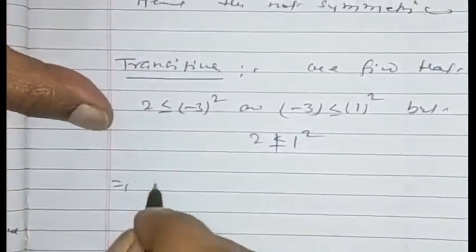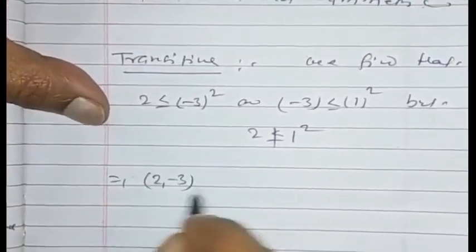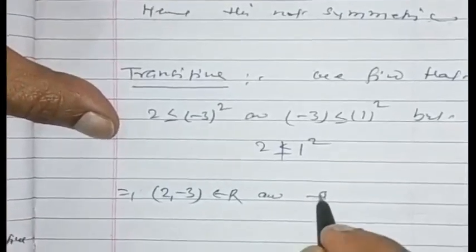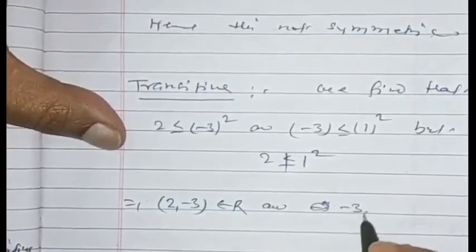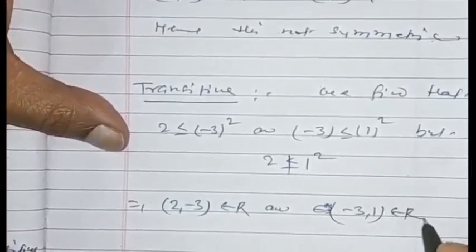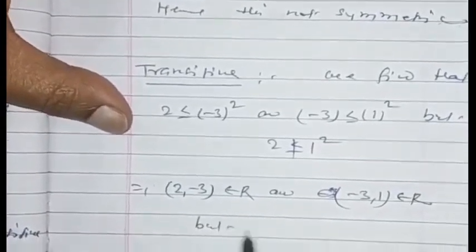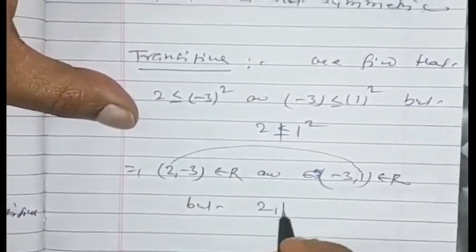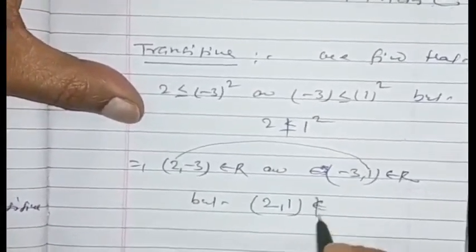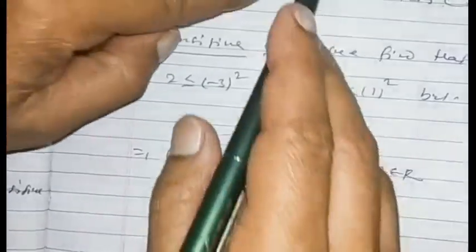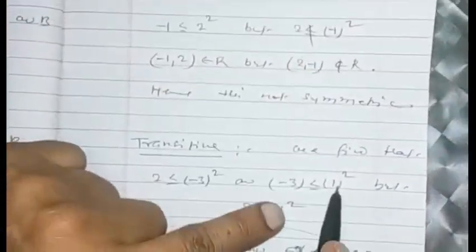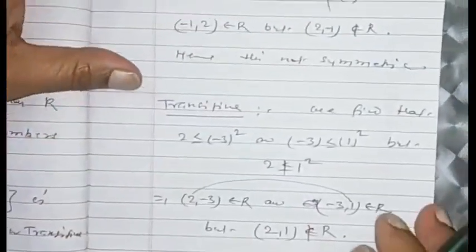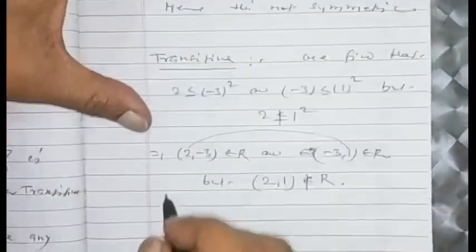That means (2, −3) belongs to R and (−3, 1) belongs to R, but (2, 1) does not belong to R. This means 2 ≤ 1² is not possible, and therefore this is also not transitive.